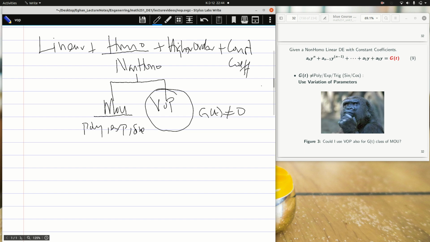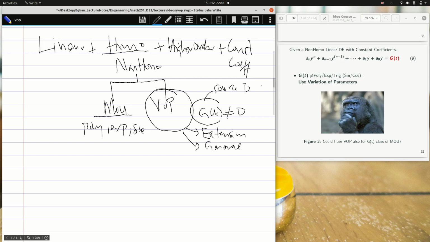Now VOP is an extension, so I use a keyword. They are extensions of the class of g(t)s, so someone would say they are generalizations of the source term. Don't forget this is a source term.